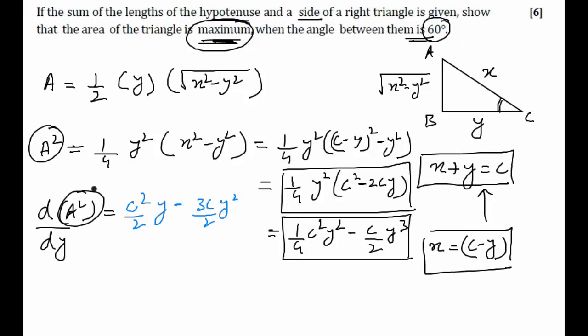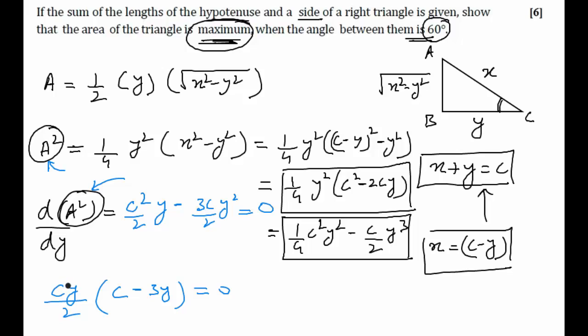Now if A square has to become maximum, then its differential has to become 0. So if I take cy by 2 common, it will give me c minus 3y, isn't it, is equal to 0.